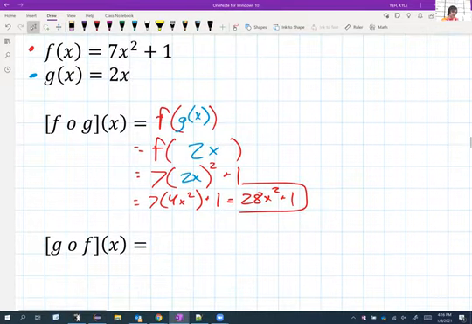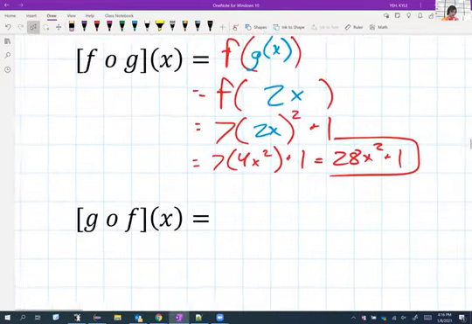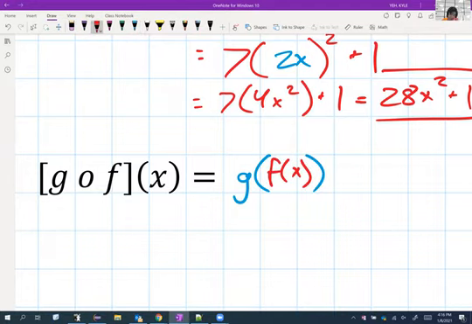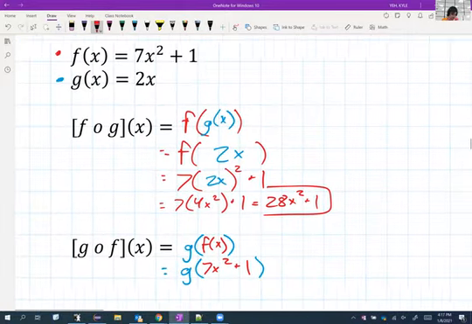Let's try g of f of x, because we can absolutely flip the order here. G of f of x would be g of f of x. So let's start in the middle. G was going to stay the same for a second, and f was 7x squared plus 1. That's what we were told right up there.